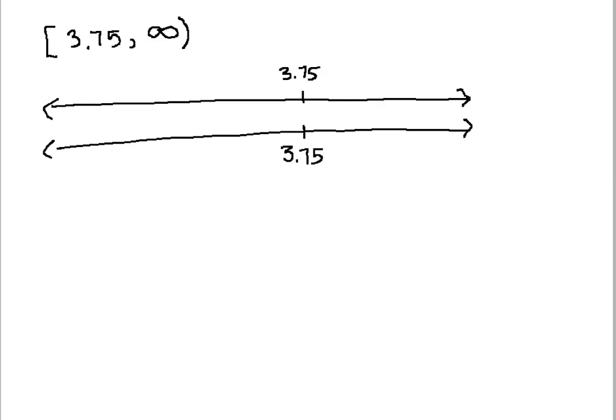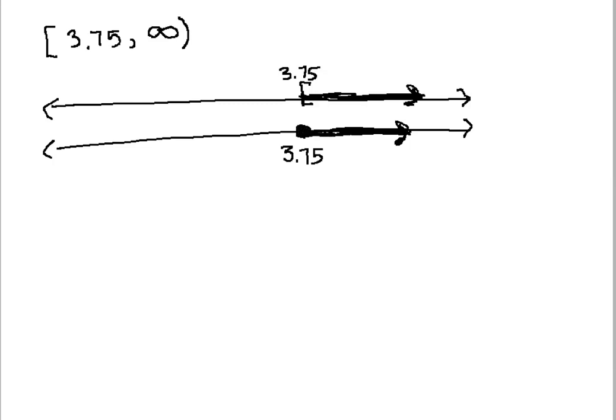Well, first of all, I know I'm going towards positive infinity, so this is this way, everything this way. Now the question becomes, do we use a square bracket or a parenthesis? Well, in this case, we're going to use a square bracket, and in this case, we would use our solid dot.